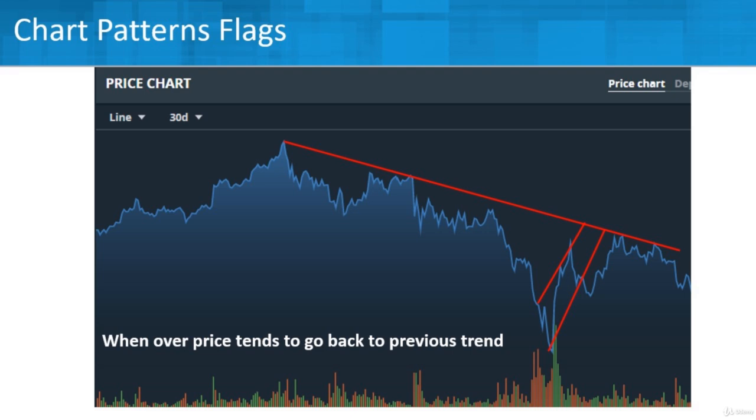So if we put a trend line on top of that, you can see that once you get past this flagpole idea, it's going to go back to that original trend. The way to trade a flag is, let's say you see this dramatic volume, this dramatic spike up, and you might be able to trade in there early enough to make some profits and then get back out right away, at least in this one where we're looking at a downward trending one.